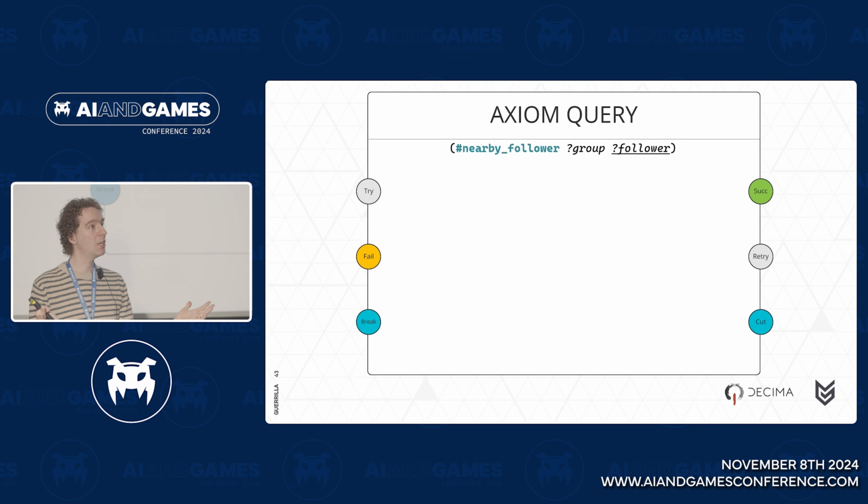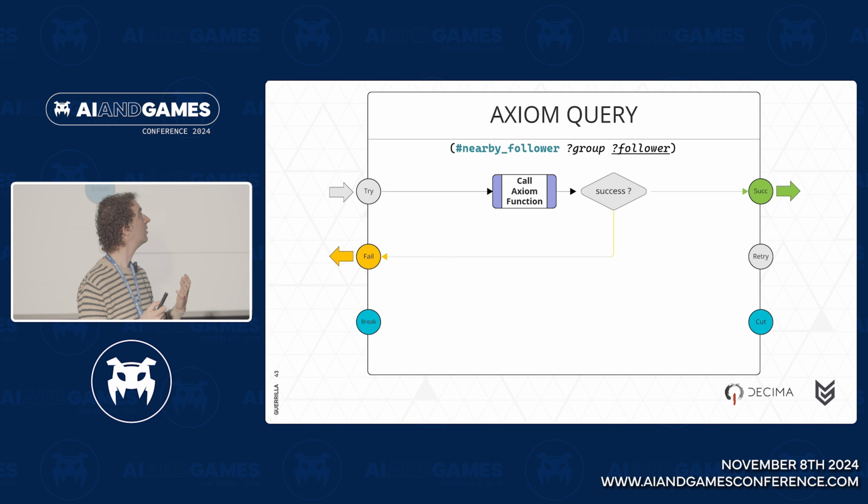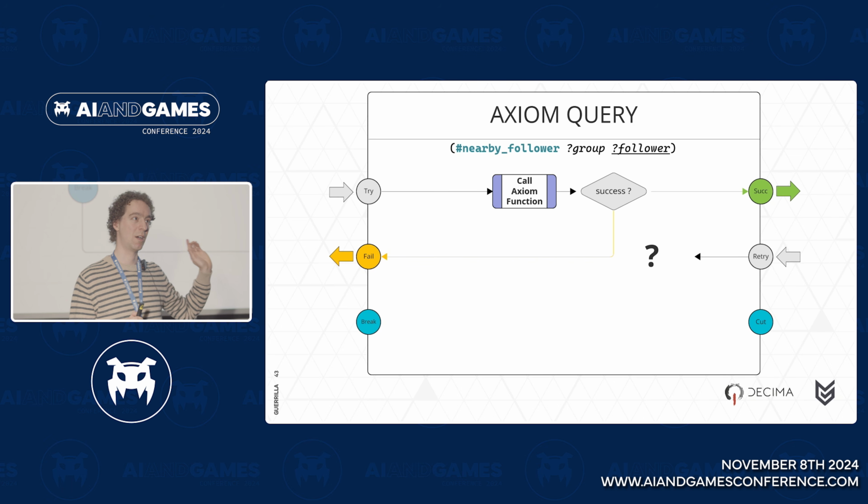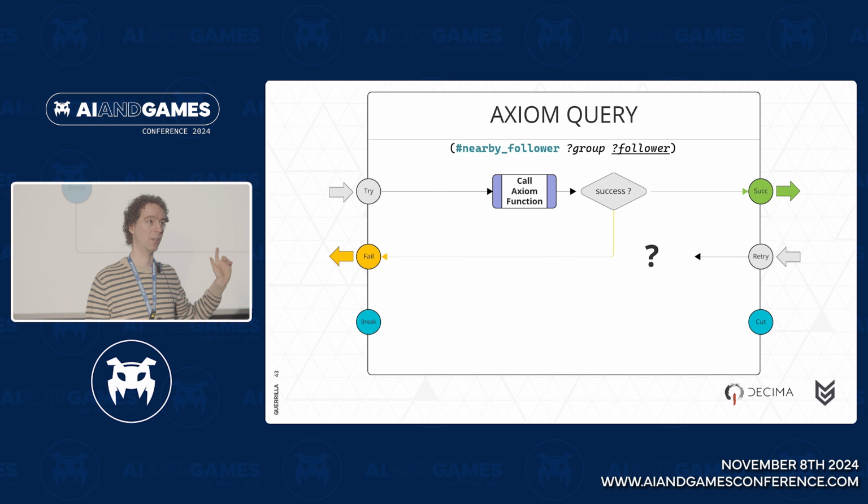Now what can we do here to hook up to the Axiom condition that's in the other function? Could we just call into that function and then just return success or failure? Well, that could work just for one specific value, but what do we do if we want to go backtracking? Because the state of that function has been lost, we've returned, and the backtracking state was on the stack.